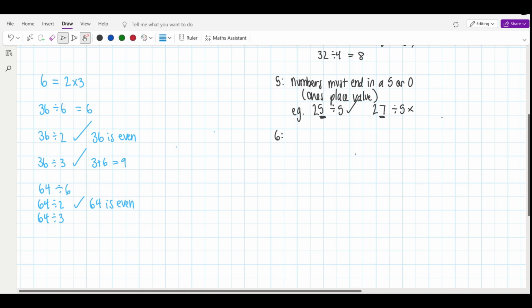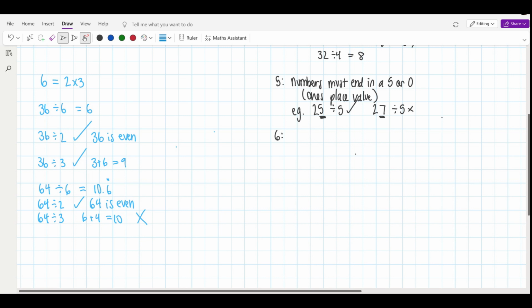So we'll check 6 plus 4 gives us 10, which isn't a number that's divisible by 3. So 64 isn't divisible by 3. Now check in your calculator, 64 divided by 6 gives us 10.6 recurring, which is a decimal. So therefore 64 is not divisible by 6.